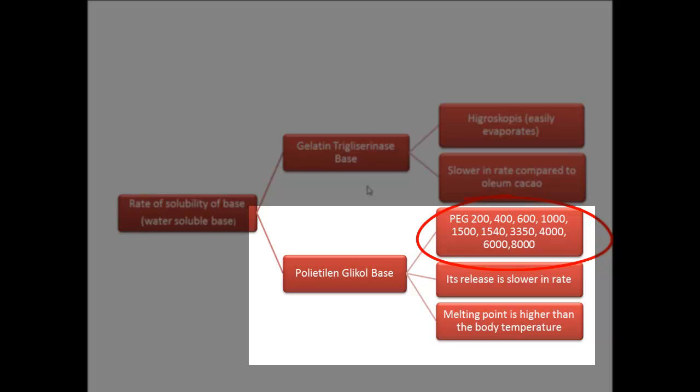The numbers actually show the average molecular weight of the respective PEG. PEG base will usually be mixed by the melting method, using two different types of PEG or more, in order to get a suppository base with the best consistency and characteristics that are needed.